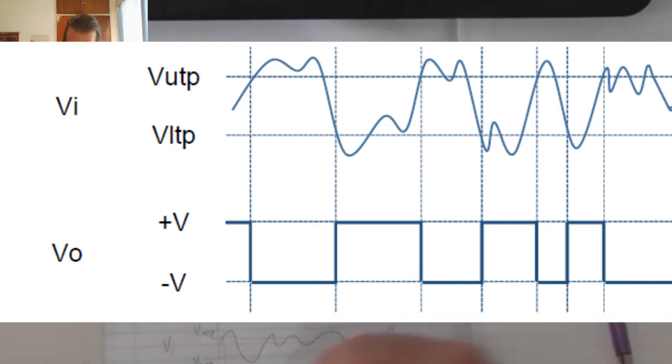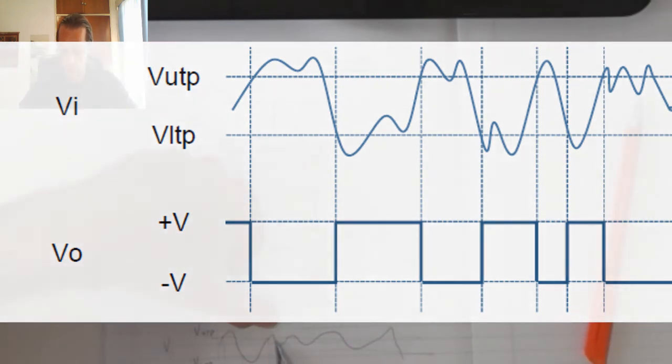When it reaches that lower trigger value, my output is going to switch back into the positive saturation, and it's going to stay there until it reaches that point there. That is where it switches out of the positive saturation because the input is above that level, and then it switches to the lower saturation.